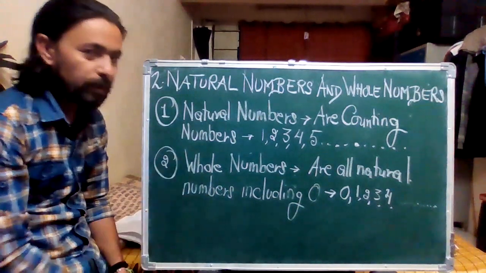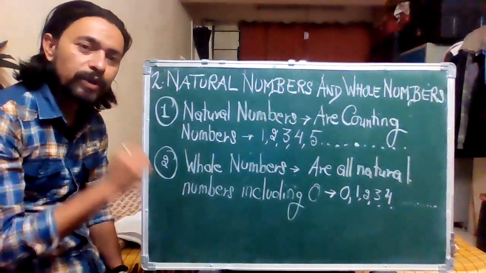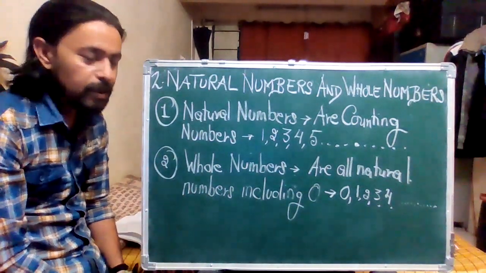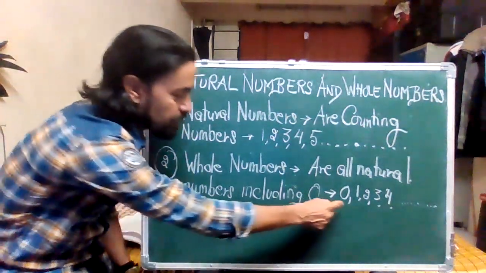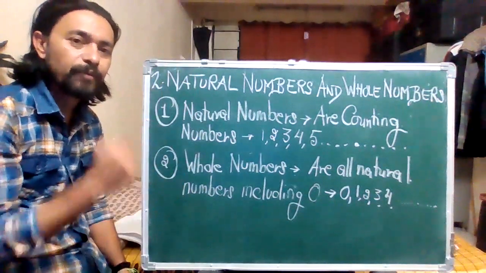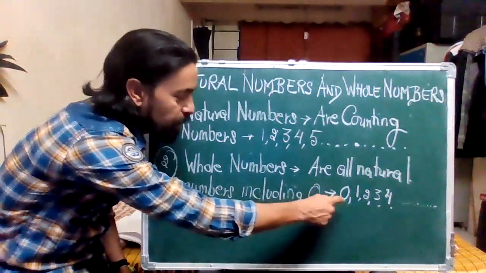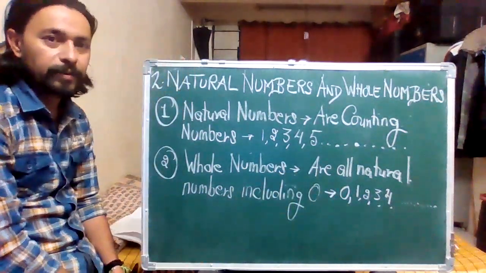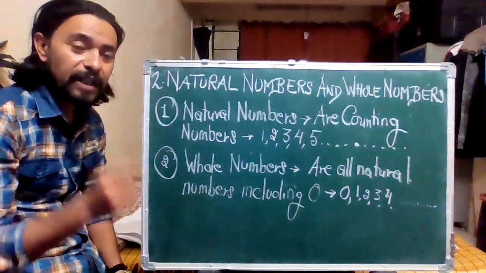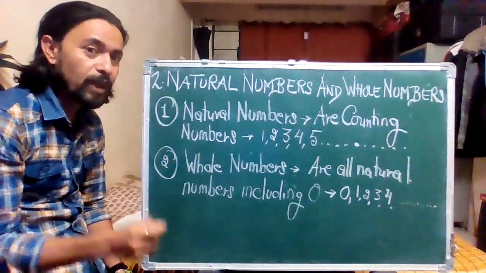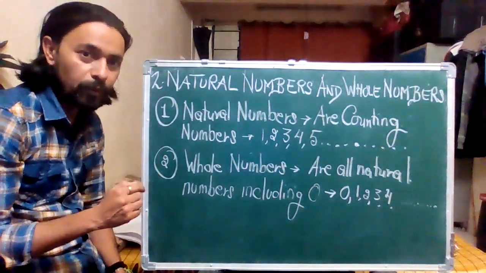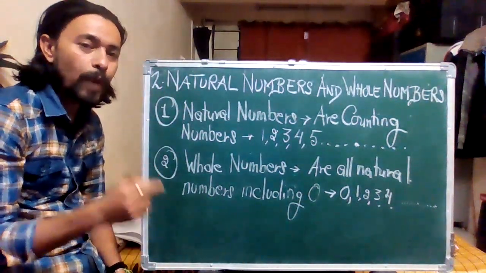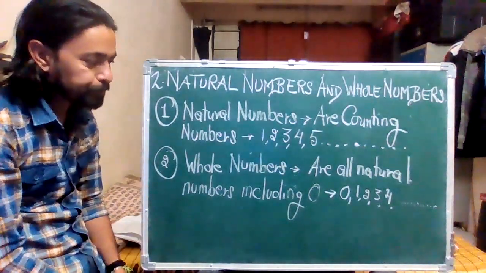Whole numbers also include all the natural numbers. But the only difference between natural numbers and whole numbers is the number 0, which comes just before 1. So 0 becomes the predecessor of 1. If I ask you what is the predecessor of 1, 0 is the predecessor of 1 because it comes before 1 and it is one value less than 1.